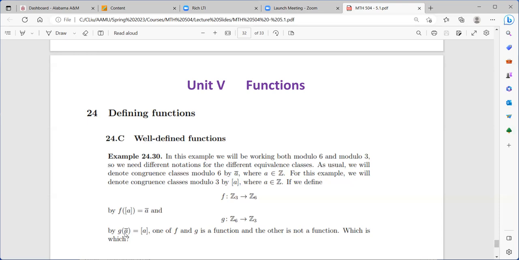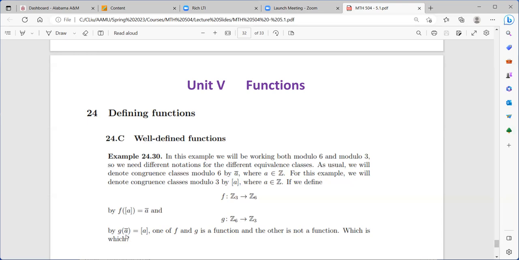So when you pick one class, you have a lot of numbers actually.